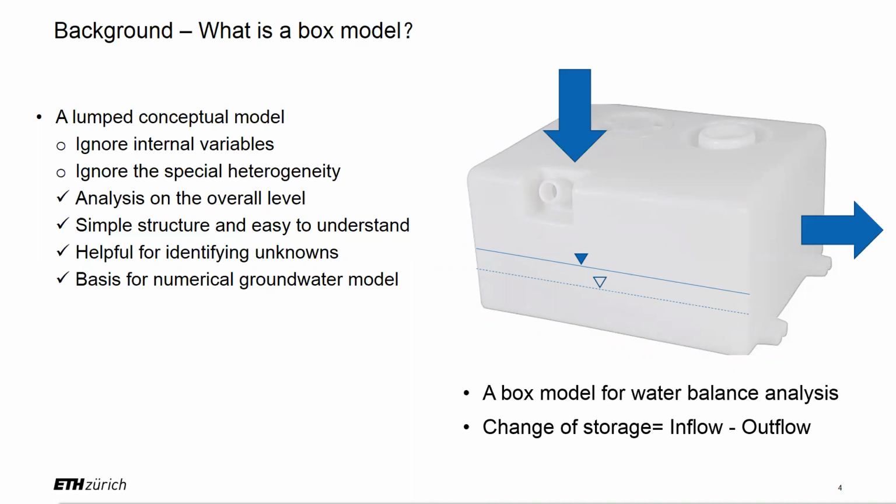But it allows us to do the analysis on the overall level. It has a very simple structure and is easy to understand. So it is very helpful to identify the unknown variables.